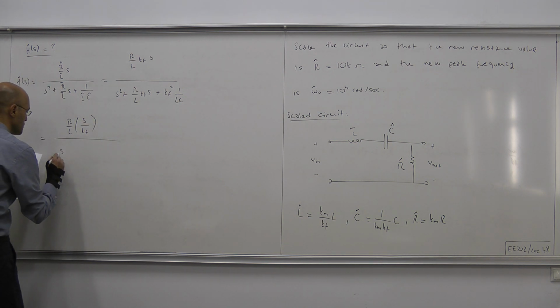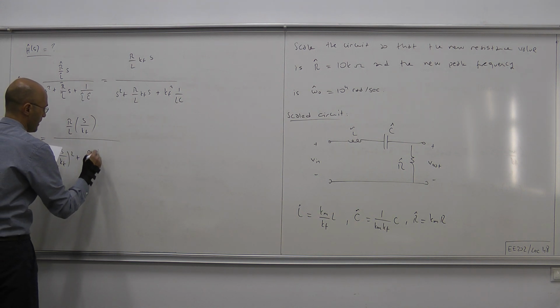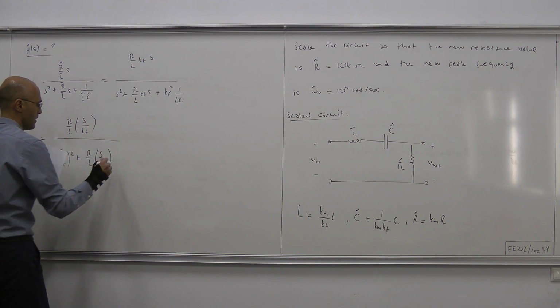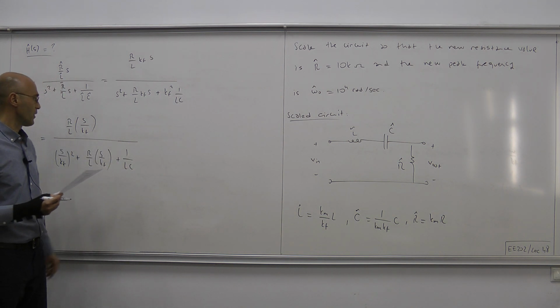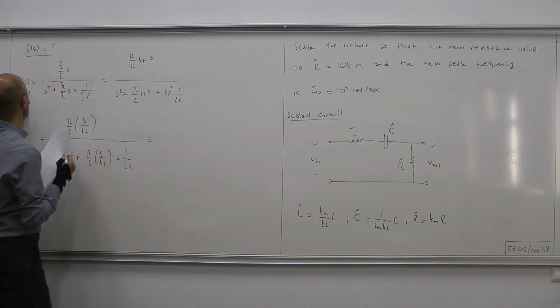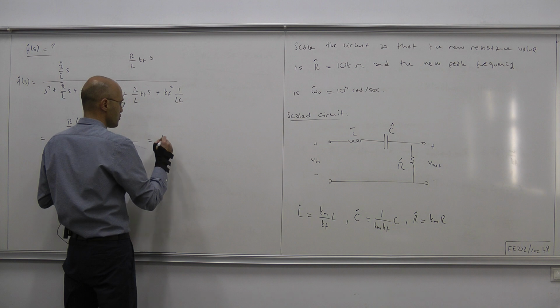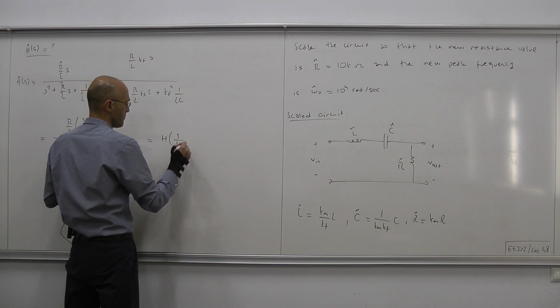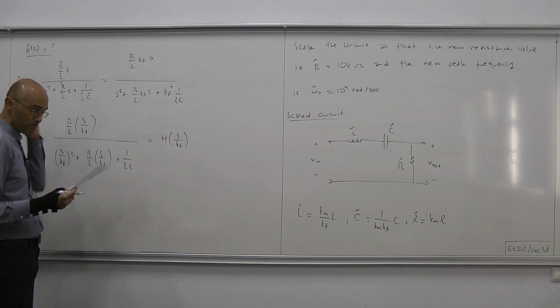Okay, and then s over kf squared plus r over l s over kf plus 1 over lc. Okay, now that in terms of the old transfer function, h hat of s can be written as h of s over kf.